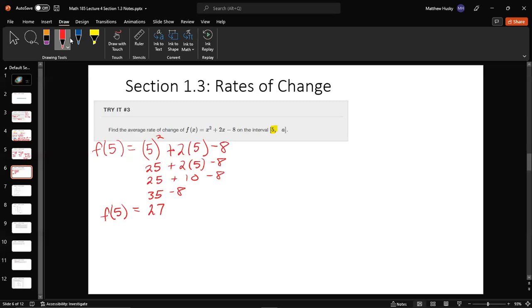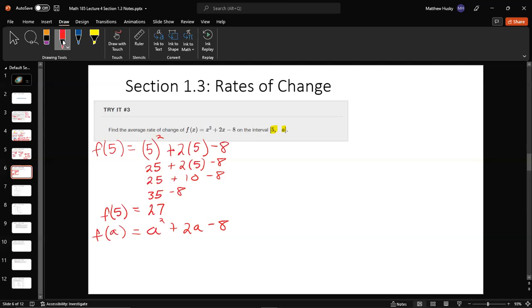Next, we've got f of a. So this will be fun. So f of a is just going to be a squared plus 2a minus 8. And that's all you can really do with it, quite honestly.